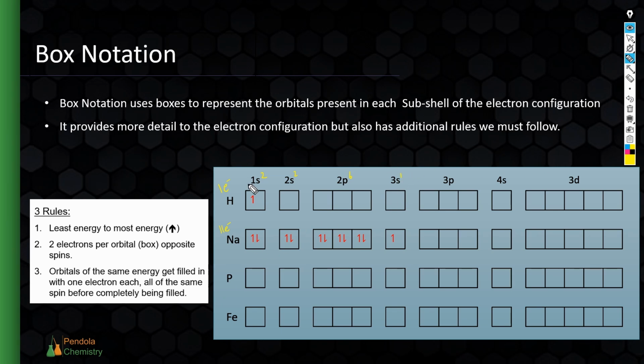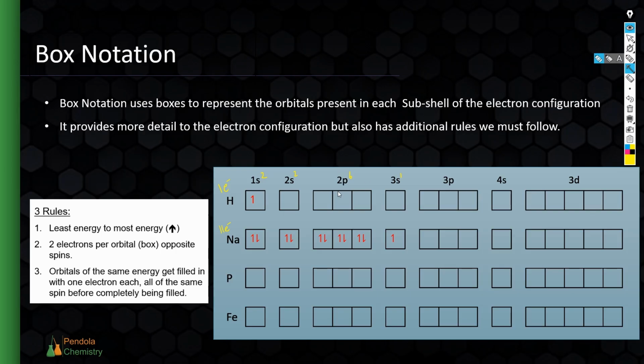But now we actually need to not just write a number, but demonstrate how those electrons look. So the 2 electrons in 1s are going to be represented by oppositely spinning electrons, because we can only have oppositely spinning electrons in an orbital, 1 going up, 1 going down with the half arrows. 2s, again, 2 electrons, 1 orbital, so it's 1 going up, 1 going down.